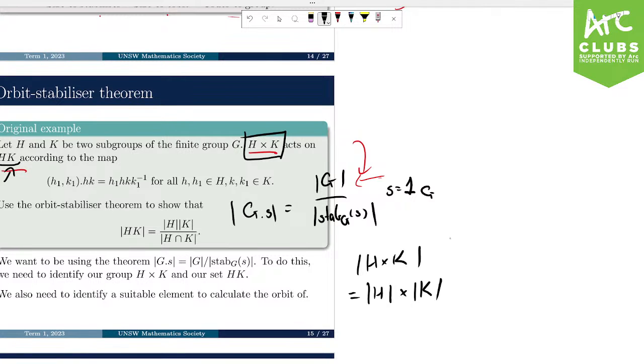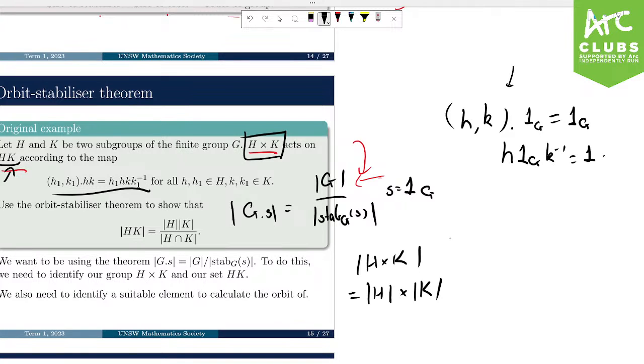We want elements (h, k) of H × K that, when acting on the identity, give back the identity. Translating using this map, we have h 1_G k inverse equals 1_G. Because this is the identity, we can just remove it, so we have h k inverse equals 1_G. So what we have here is h is equal to k.